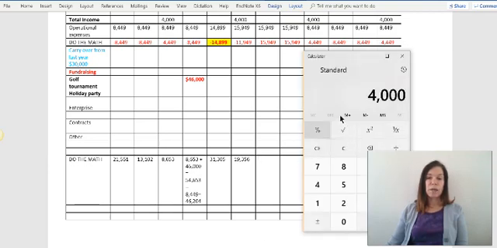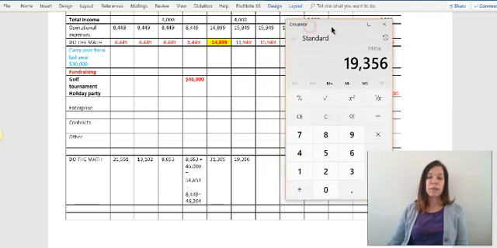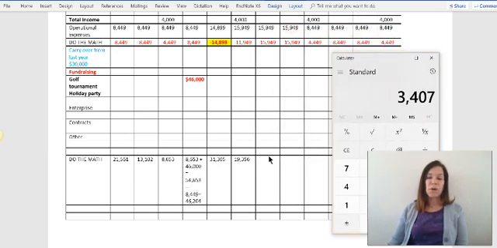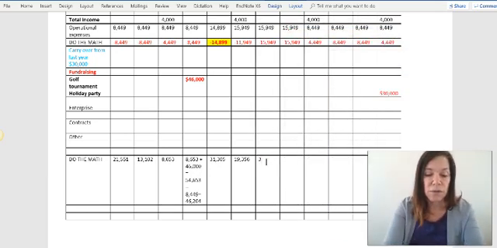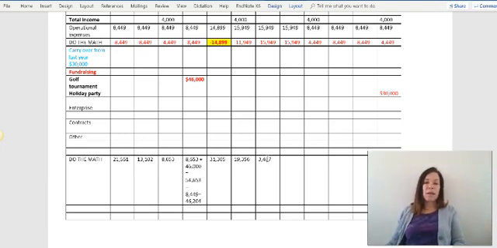Let me try that again because that wasn't exactly right. 19,356 minus 15,949 equals $3,407. Okay, so now all we have is $3,407.